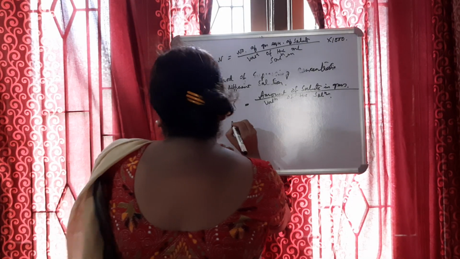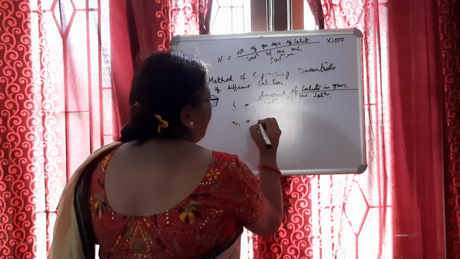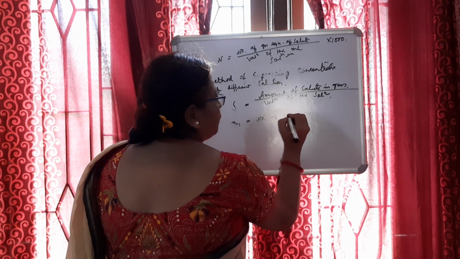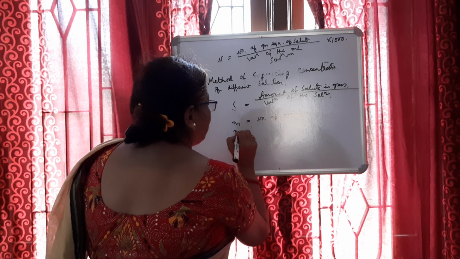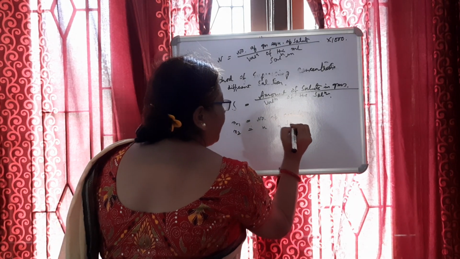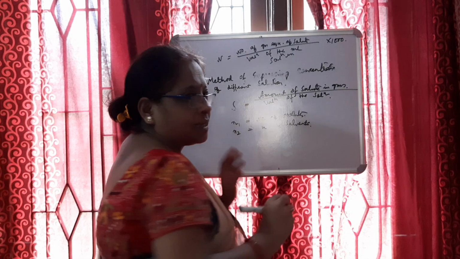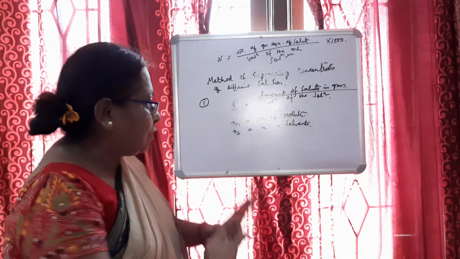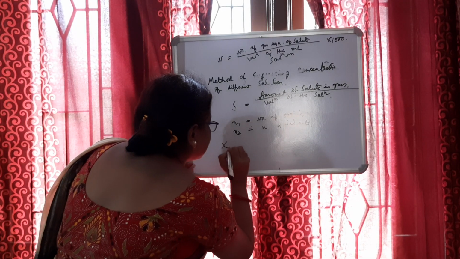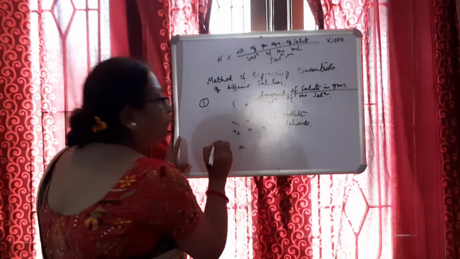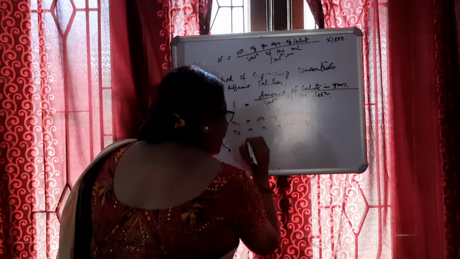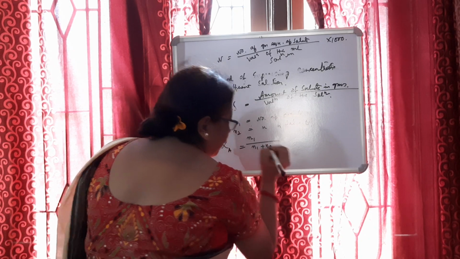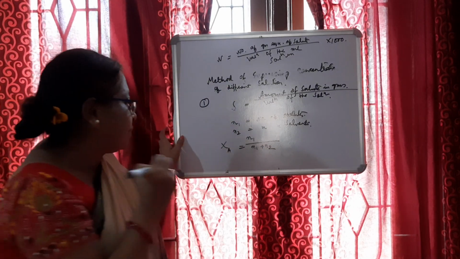N1 is the number of solutes, and N2 is the number of solvents, and mole fraction is denoted by X. So X A, suppose X A, the mole fraction of the solute, will be number of solutes divided by number of solutes plus number of solvents.